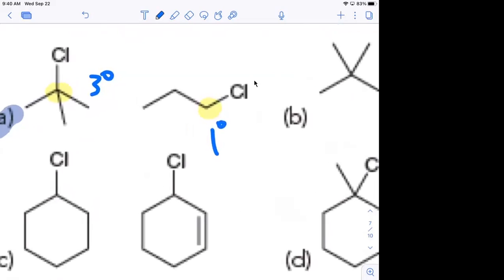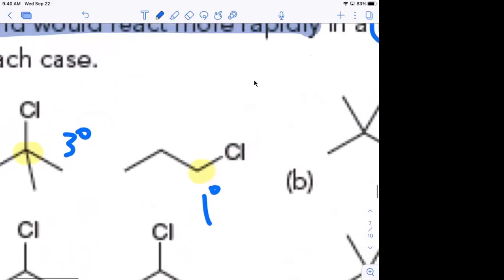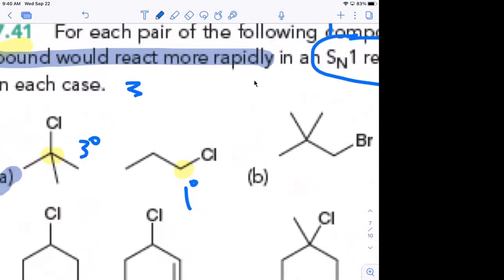Remember the trend for carbocation stability: tertiary is the most stable carbocation, and then secondary, and then primary, and then methyl. Methyl is the worst. Tertiary is the best.